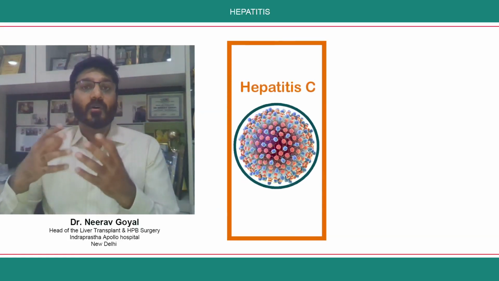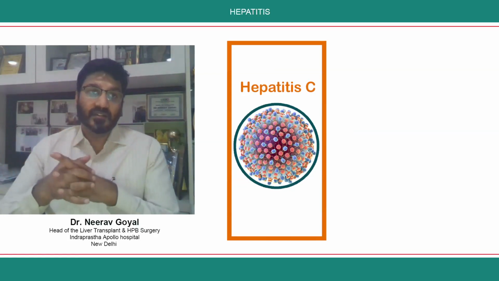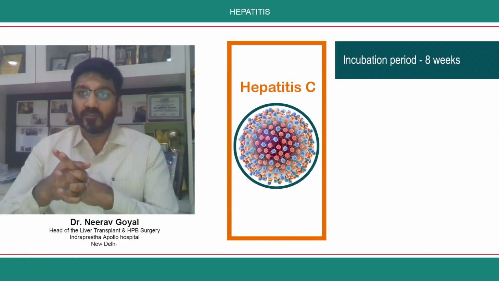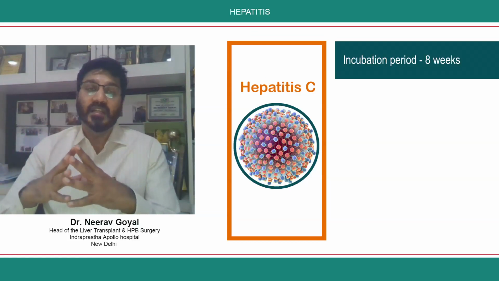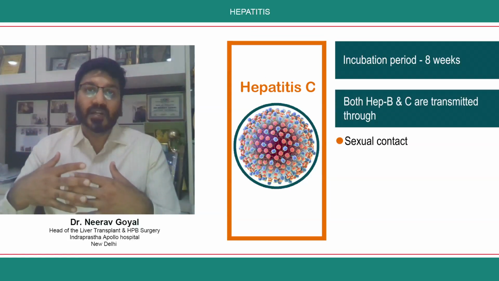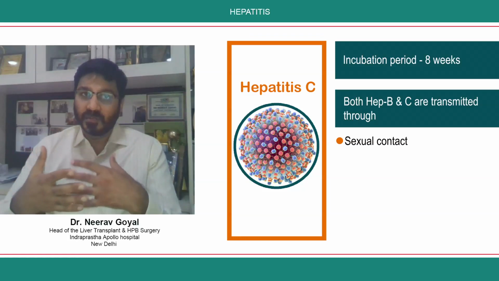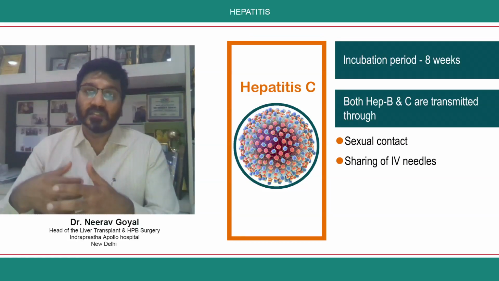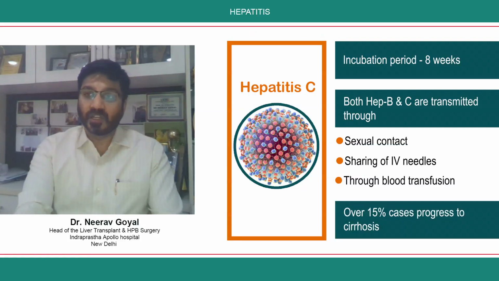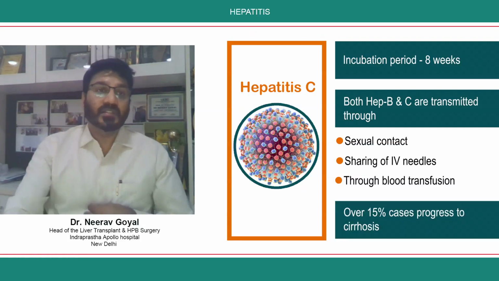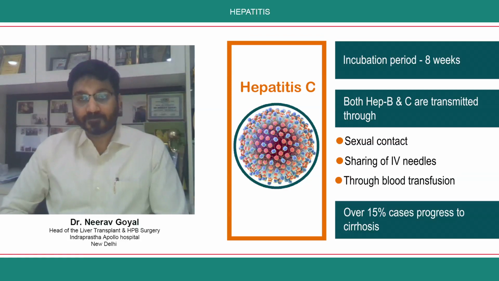When we talk about hepatitis C virus, it has an incubation period of approximately 8 weeks. Both hepatitis B and hepatitis C virus usually get transmitted by sexual contact, by sharing of intravenous needles, and by blood transfusions. 15 to 30% of patients with chronic hepatitis C will experience progression to cirrhosis.